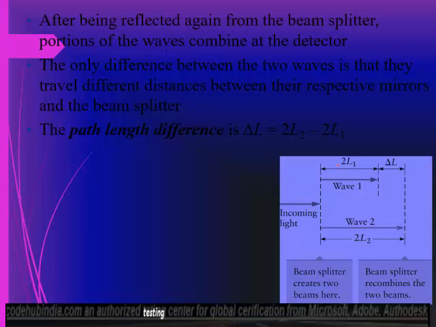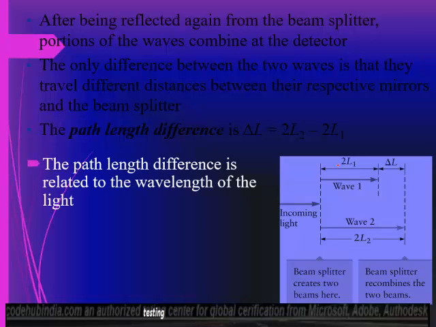The beam splitter created two beams and the beam splitter recombined the two beams. So the path length difference is related to the wavelength of the light. What happened? N equals delta L by lambda.